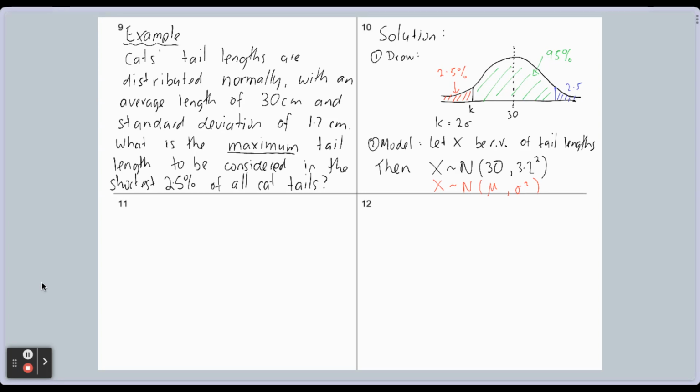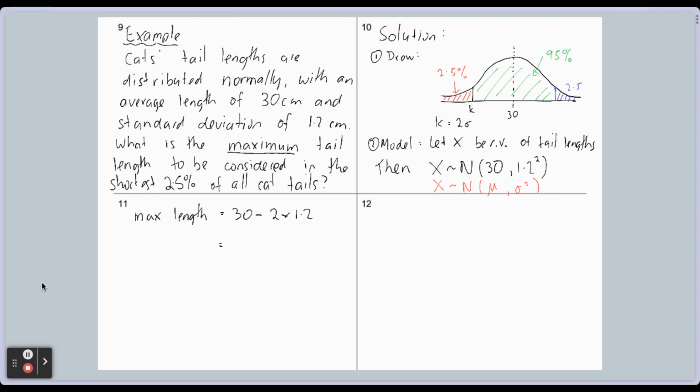Okay, so the maximum length. Oh, sorry, thank you. Yeah, I originally had it as 3.2, but then the numbers weren't as good. Good pickup, thank you, Sophie. It's 1.2. So the maximum length is going to be 30, the mean, minus 2 standard deviations, so minus 2 times 1.2. 1.2 times 2 is 2.4.